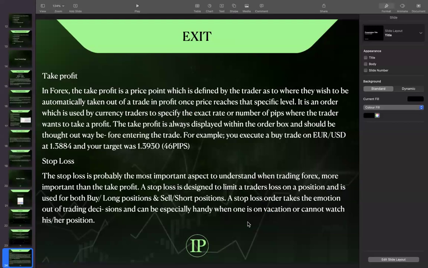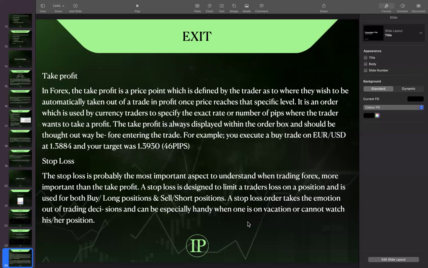Now, how do we exit? Once we have our trade and we are either making money or losing money, we need a way to get out, okay? There is a way that you can just quickly close the trade, for either a profit or a loss.